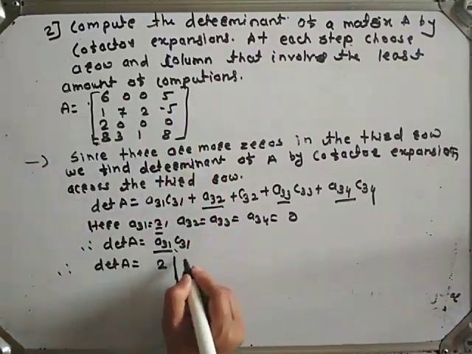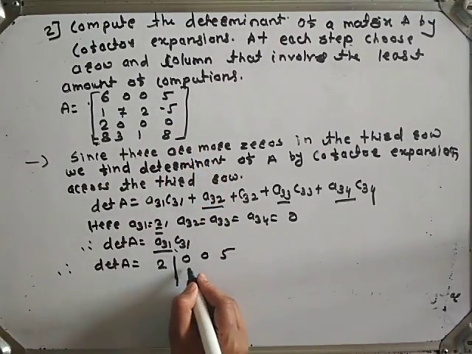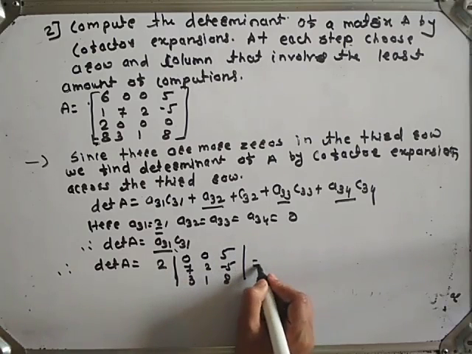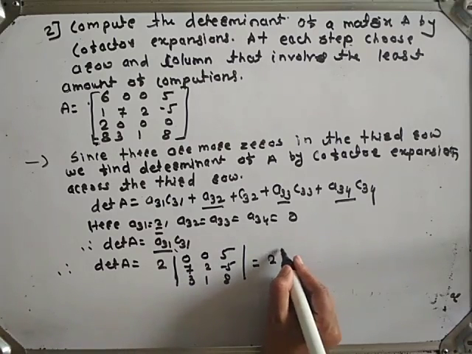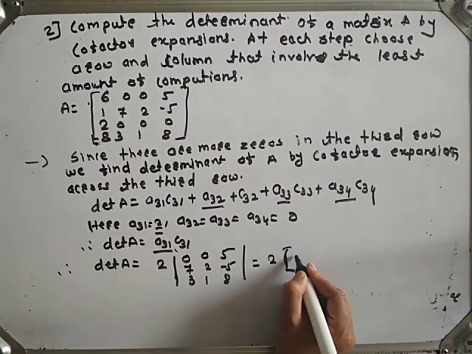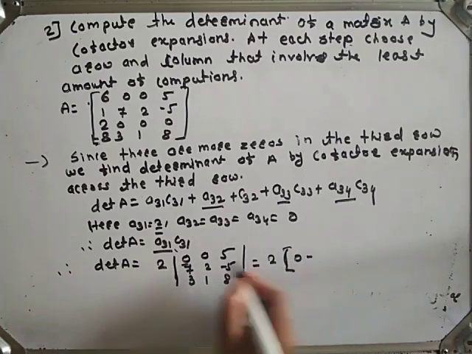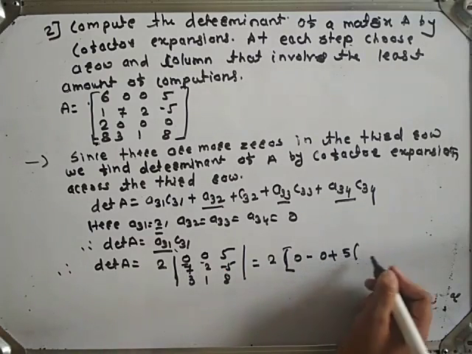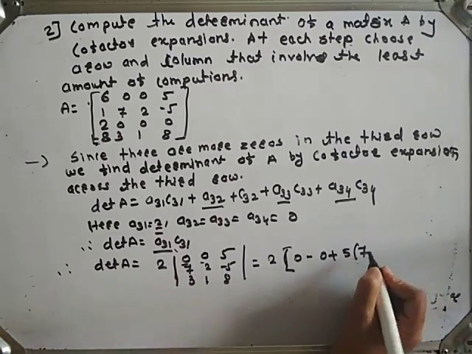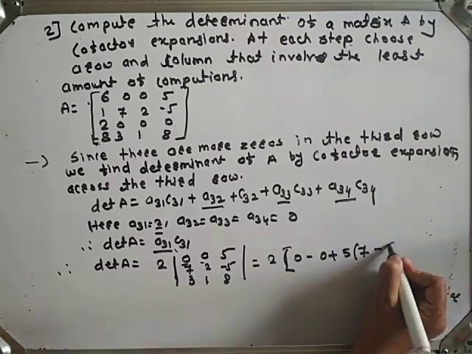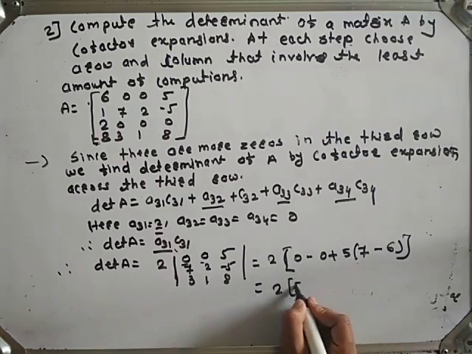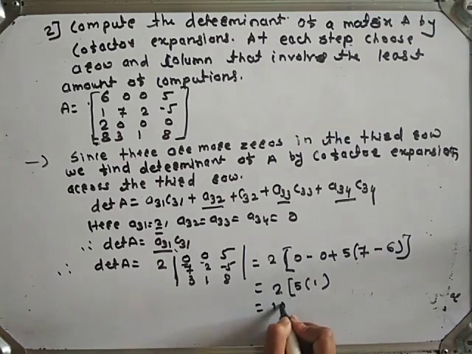So we have to find determinant of 0, 0, 5, 7, 2, minus 5, 3, 1, 8, which is equal to 2 into, determinant of this is 0 minus 0 plus 5 into 7 into 1 is 7 minus 3 into 2 is 6, which is equal to 2 into 5 into 1, which is equal to 10. Therefore, determinant of A is equal to 10.